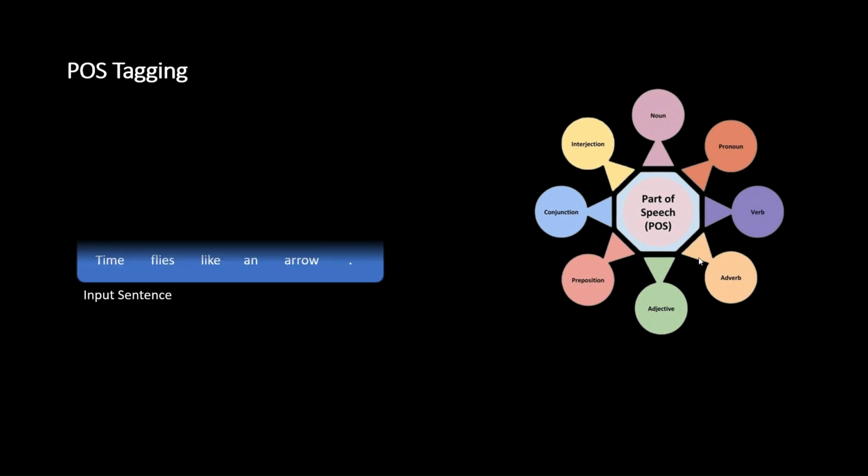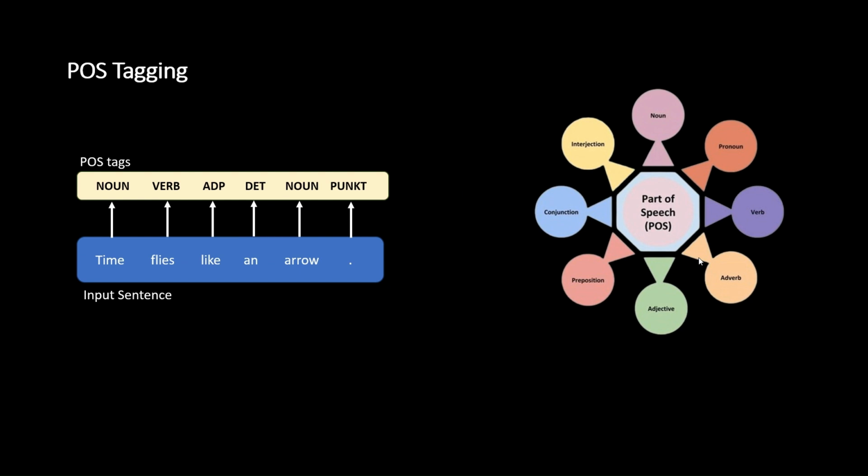In POS tagging, there are 8 different parts of speech in the English language, like noun, pronoun, verb, adjective, conjunction, and so on. Given a sentence like "Time flies like an arrow", this is the input sequence. Each word in this sentence is tagged with the corresponding part of speech.